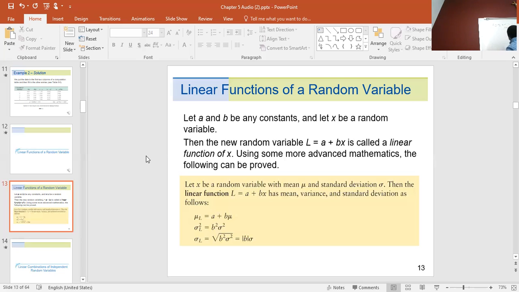Define L as 4x minus 5. Find the mean, variance, and standard deviation of L.